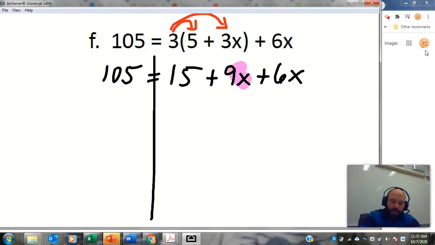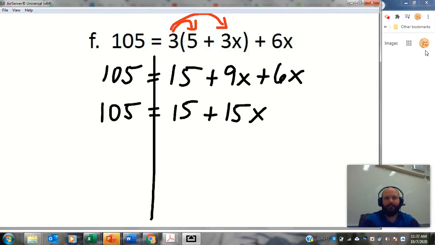And if you look at the right, there's a 9x and a 6x right there. That 9x and 6x need to be combined first. So you're always looking to clean the sides up on their own. So the 9x and the 6x become 15x, like that. Now, if you look at the right-hand side, 15 and 15x, those are not like terms. We can't combine them anymore.